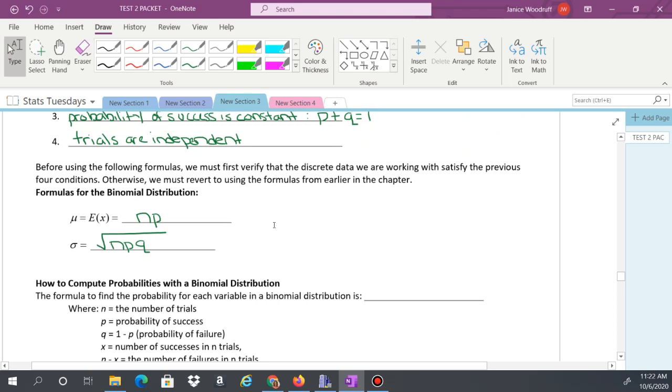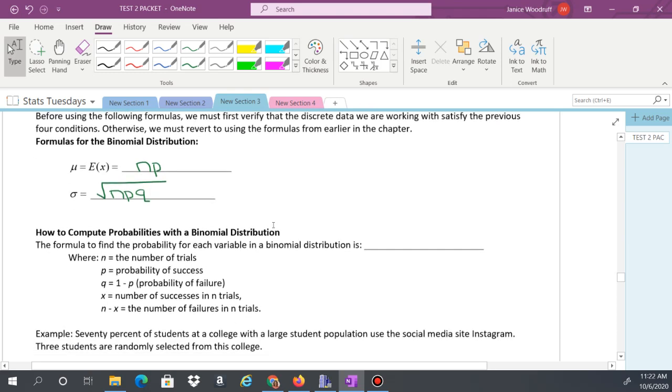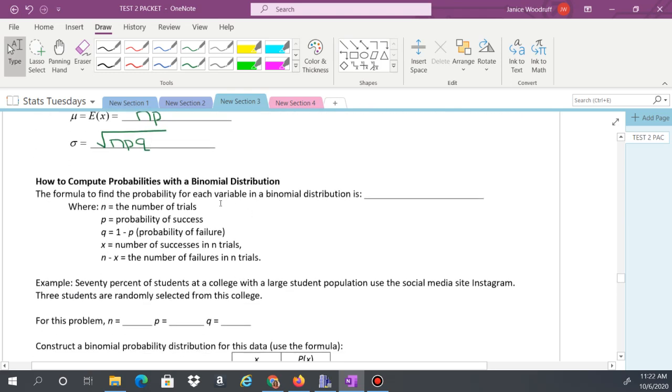All right, so how to compute using these formulas. To find the probability for each variable in a binomial distribution, here is your formula. P of x, we're going to use the combination formula.